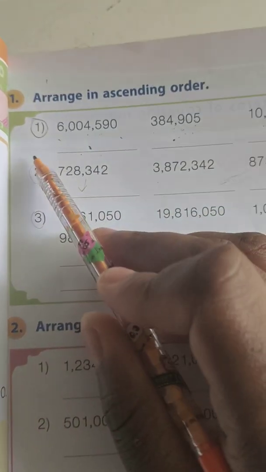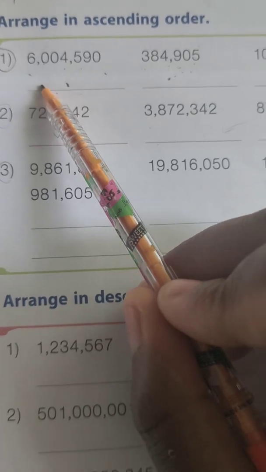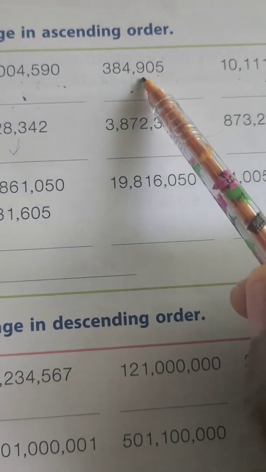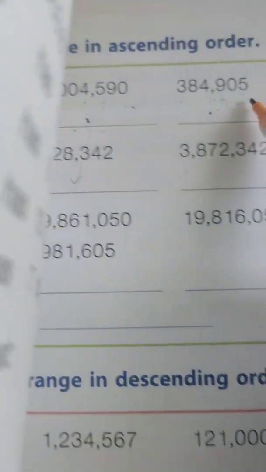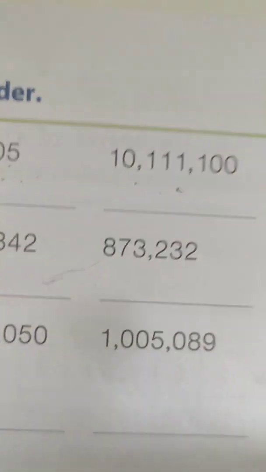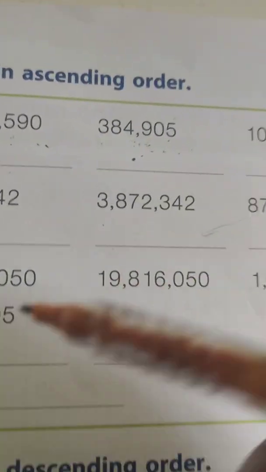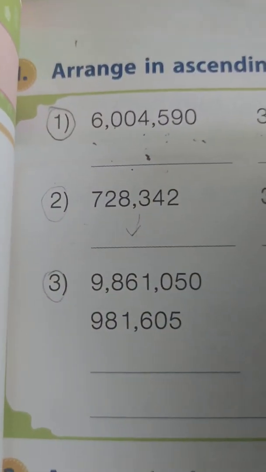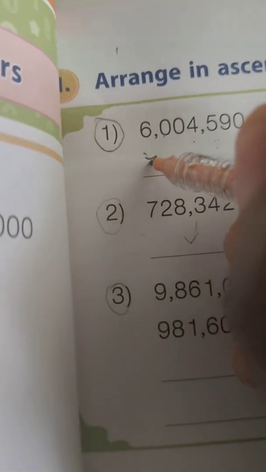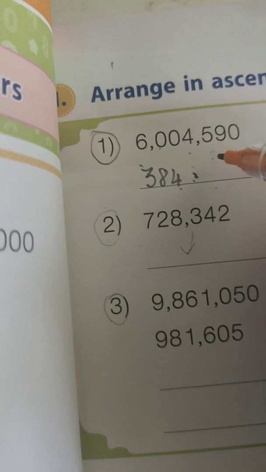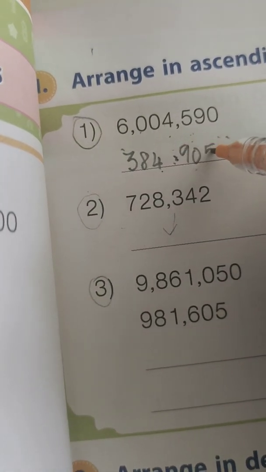Let's look. Number 1, we have 6,004,590, 384,905, 10,111,100. So which one is the smallest number? The smallest number is 384,905.